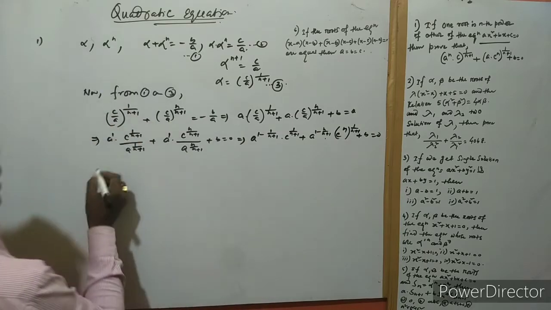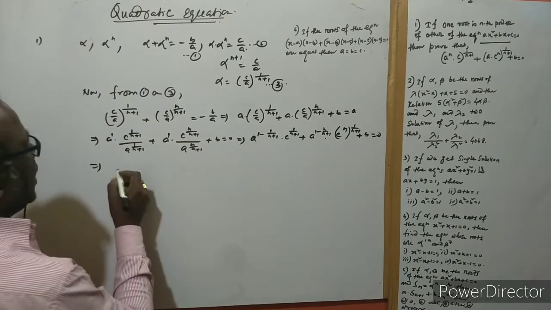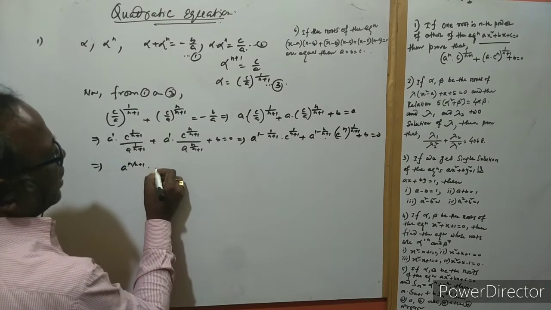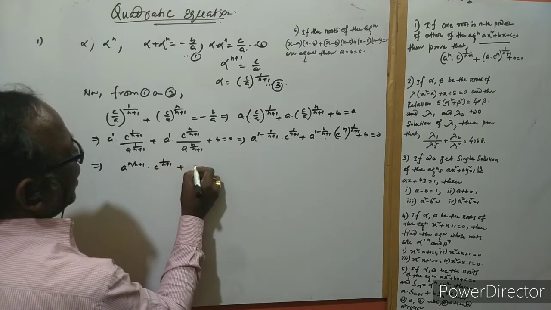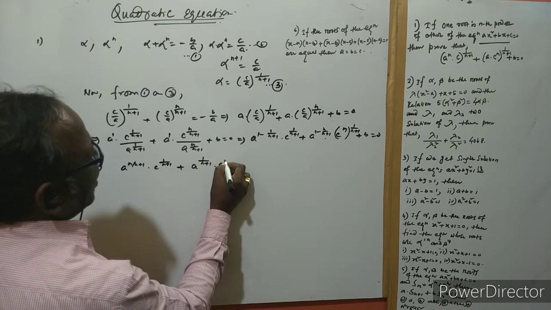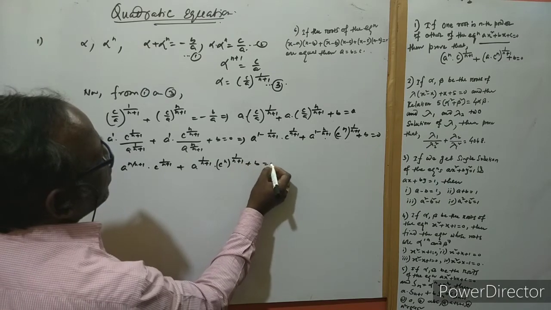Now from here, if we take an LCM, then we get here a to the power n by n plus 1, and c to the power 1 by n plus 1, and a to the power 1 by n plus 1, and c to the power n whole to the power 1 by n plus 1 plus b equal to 0.